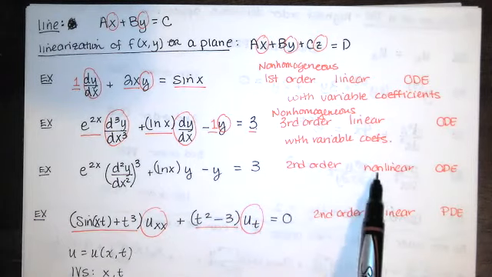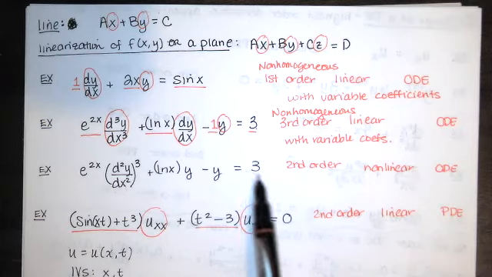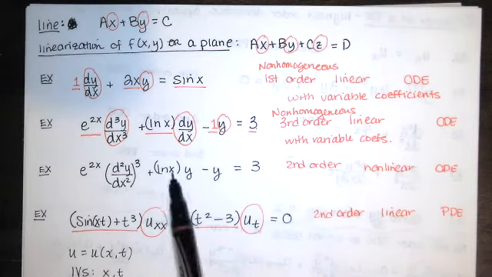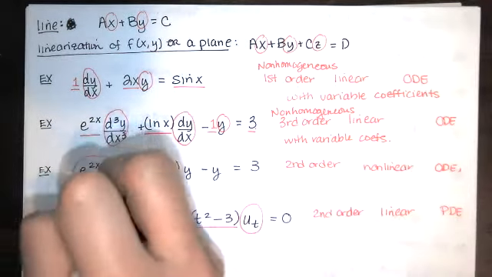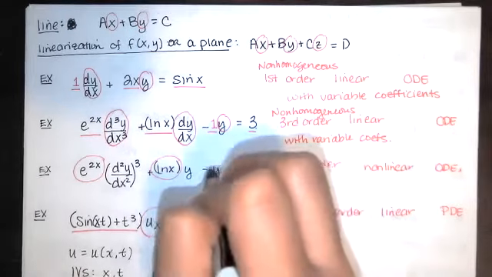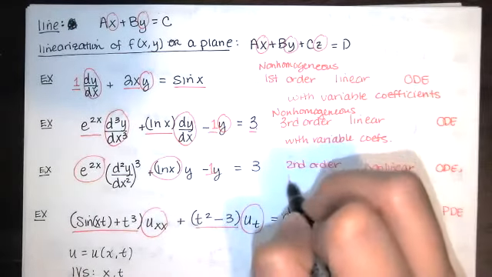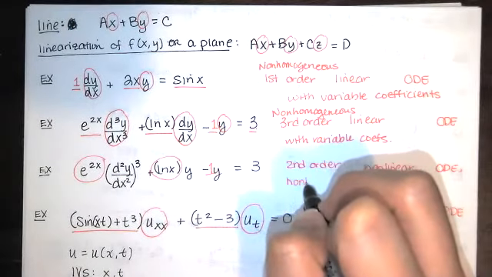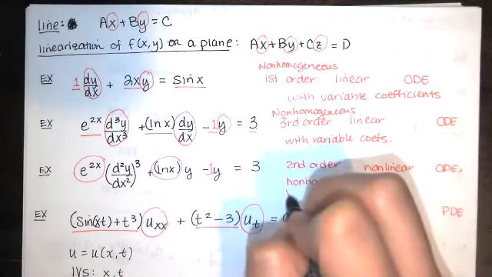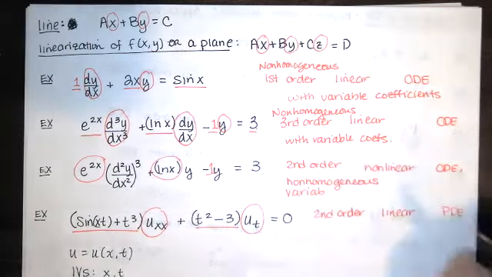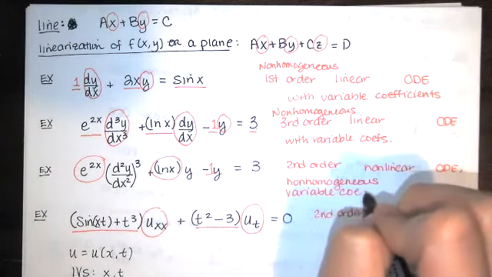This is the second order nonlinear ODE. We've got this 3 over here, so it makes it non-homogeneous. And we've got variable coefficients. So the coefficients are e to the 2x and natural log of x and a 1. So non-homogeneous because of the 3. And they have variable coefficients because of the e to the 2x and the natural log of x.